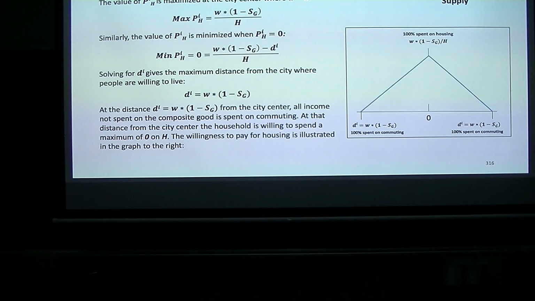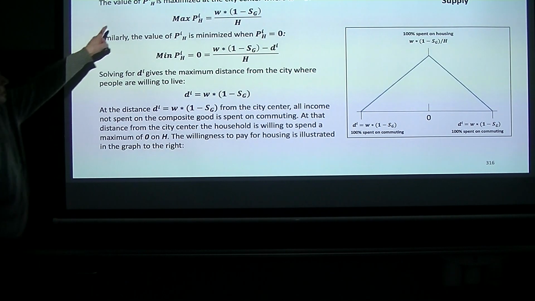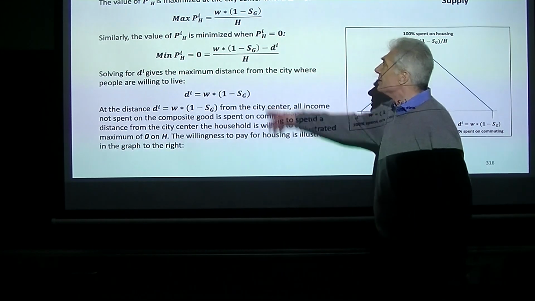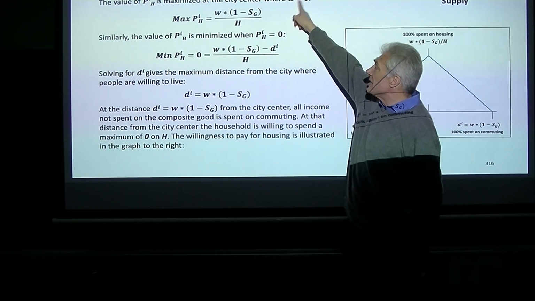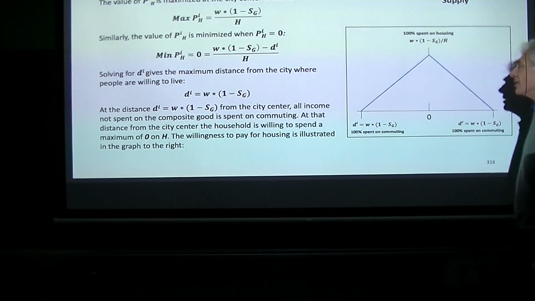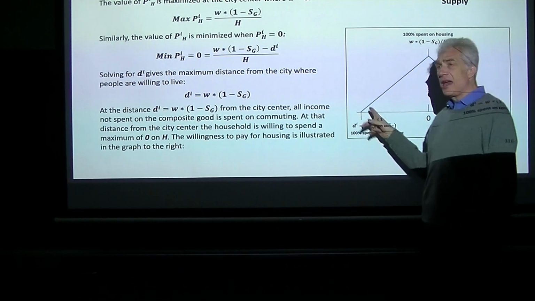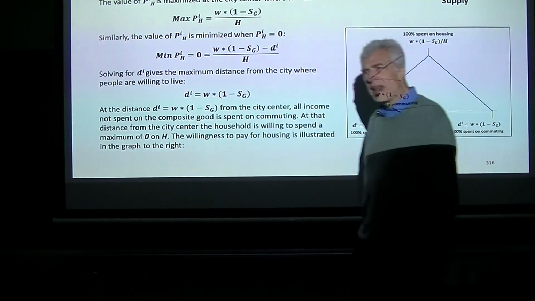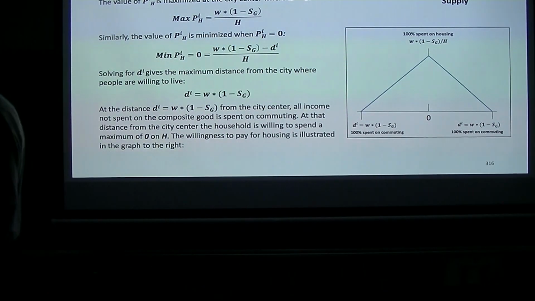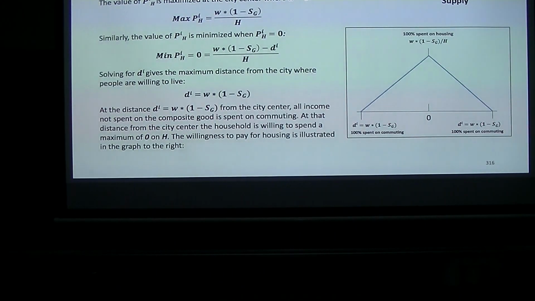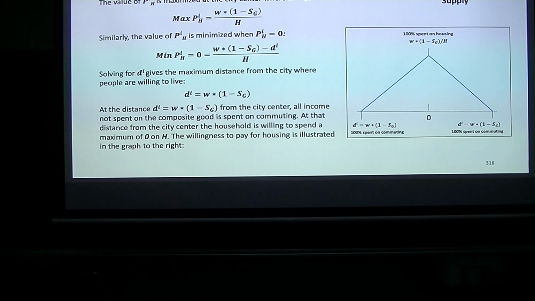In fact, the maximum that you're willing to spend on housing is at the city center, where the distance equals 0, and there's some minimum value way out. All you have to do is get on a train and go out. I was out visiting a friend in Chiba last week, a place called Yotsukaido.